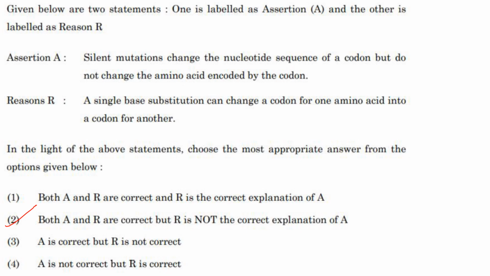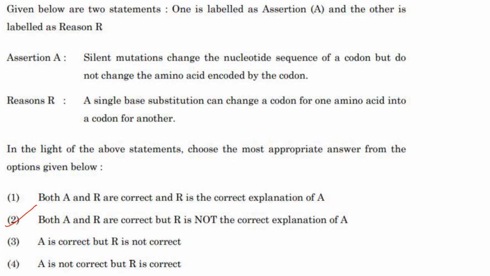Next one. Silent mutations change the nucleotide sequence of a codon but do not change the amino acid encoded by the codon. That is correct. Silent mutation, they change only the nucleotide sequence, but they do not change the amino acid sequence of the codon. Suppose GUG code for glycine. Suppose. I am not sure about that. It's only an example.